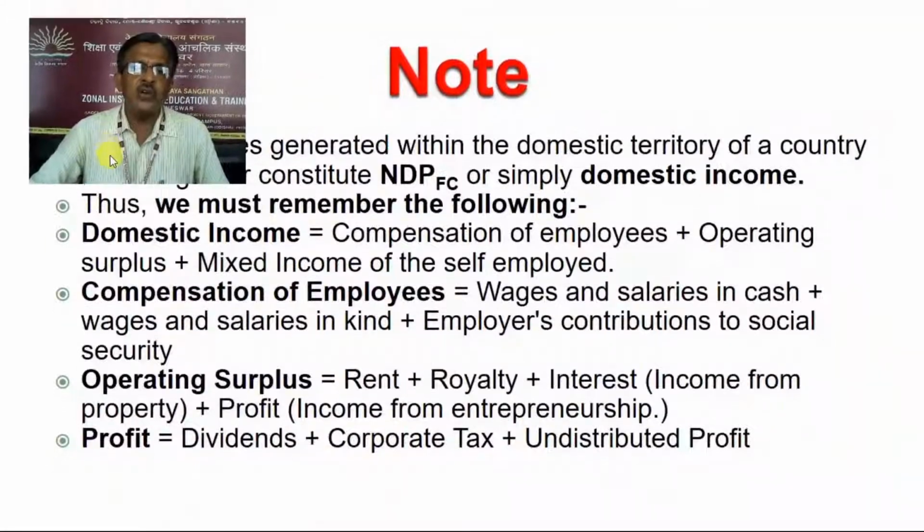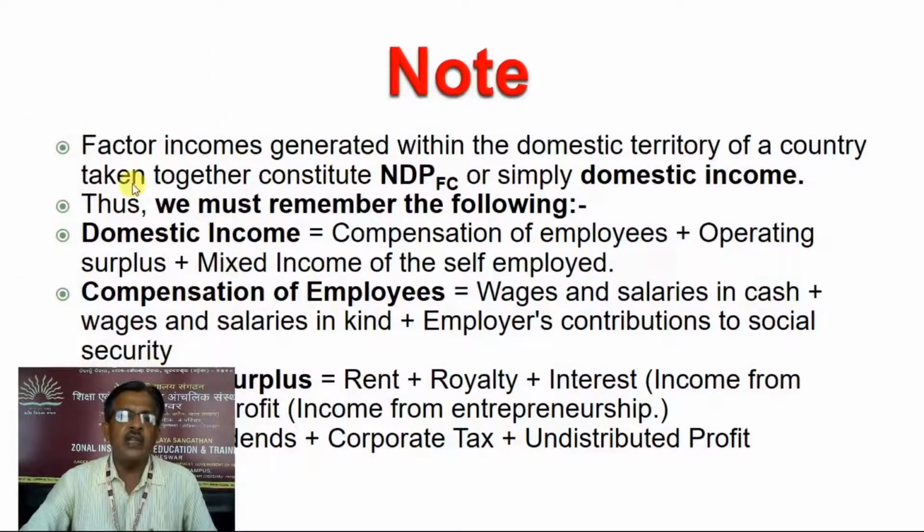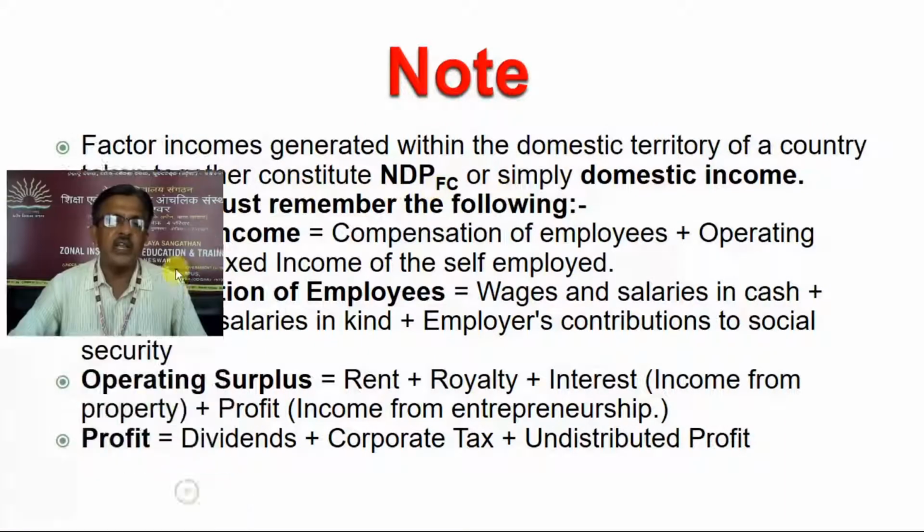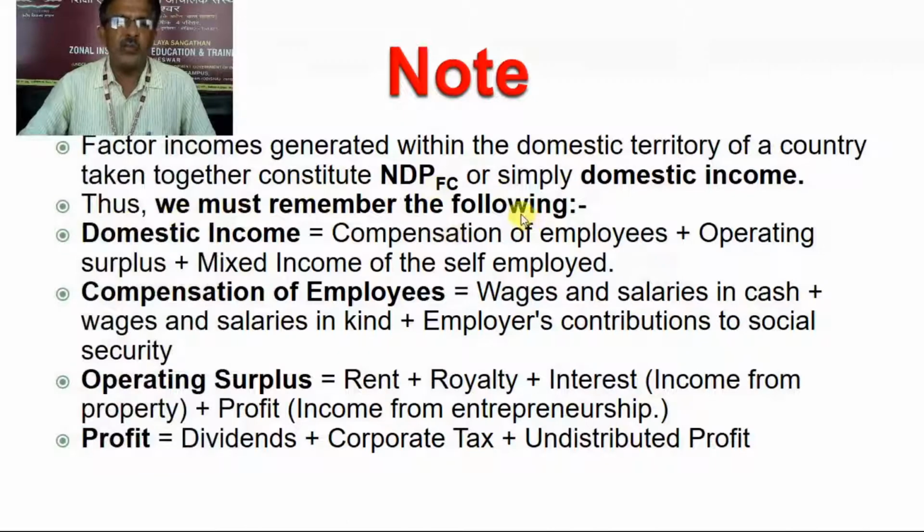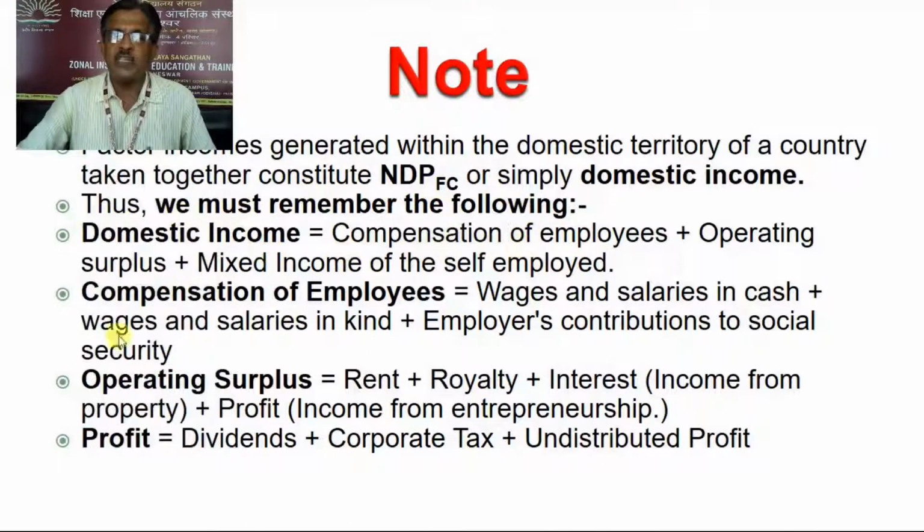Note, for simplification of your understanding, you note all these things. Factor incomes generated within the domestic territory of a country taken together constitute net domestic product at factor cost, or simply domestic income. Thus, we must remember the following: domestic income is compensation of employees plus operating surplus plus mixed income of the self-employed. Compensation of employees is equal to wages and salaries in cash plus wages and salaries in kind plus employers' contributions to social security schemes.